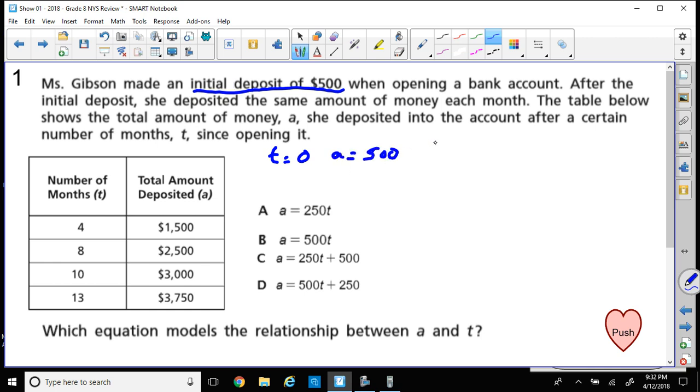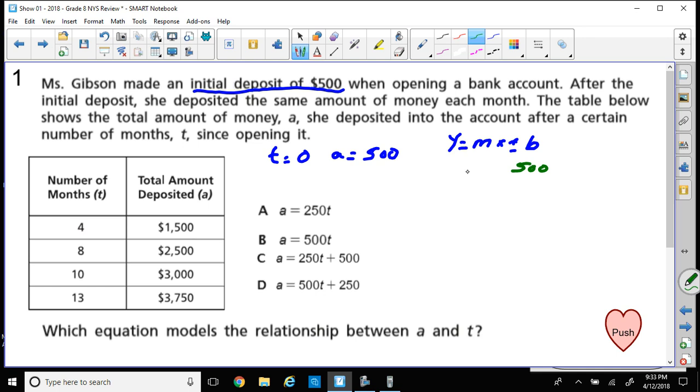So when I see that, it comes to my mind this equation, y equals mx plus or minus b, and that initial deposit would be like a y-intercept. So that would be 500. Now I'm curious about time. There was no time that came off, or months that came off, and she put in $500. So first thing I'd be looking at, which one has a y-intercept of $500, and I notice C already has that, so I'm already inclined to take C.